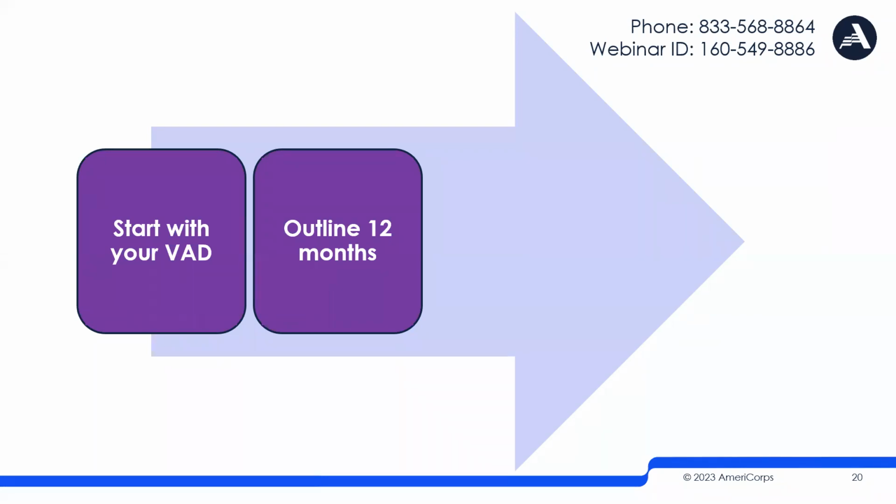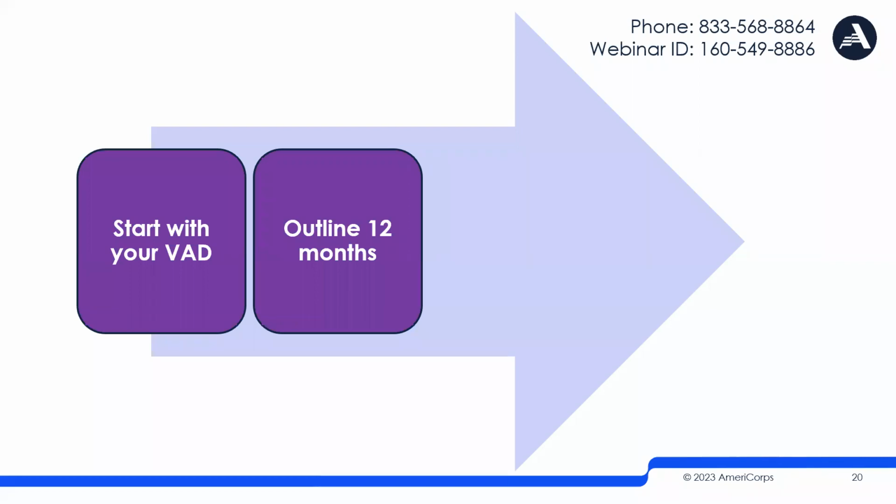Add in the holidays that are coming, add in any personal milestones that you have coming, right? If you've got some life events that are happening in this year, drop those on your work plan because they are just as important to you and will become as important to your supervisor as y'all move through your year together. So get to know your VAD, outline your 12 months with as much information as you have.